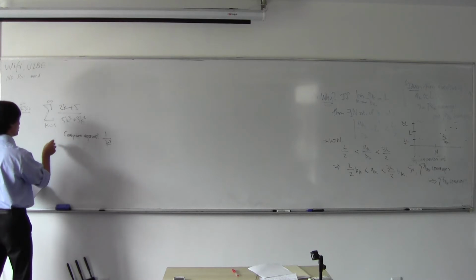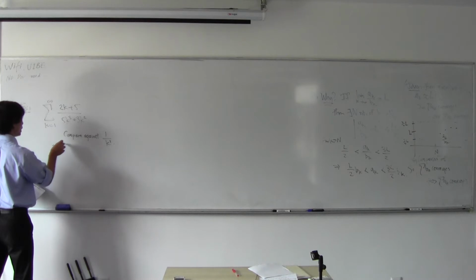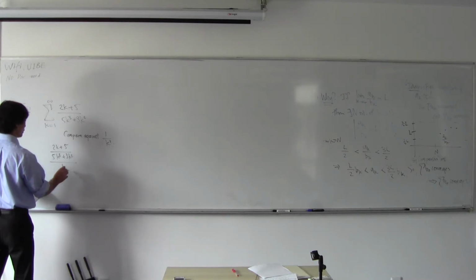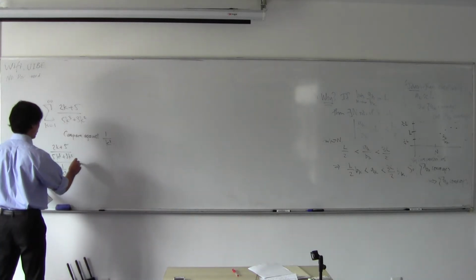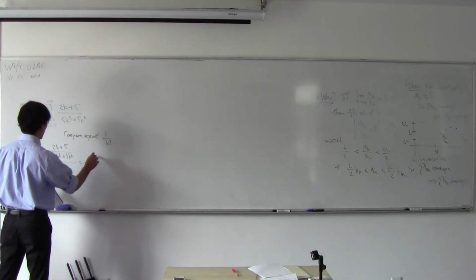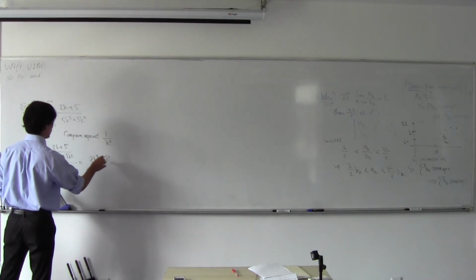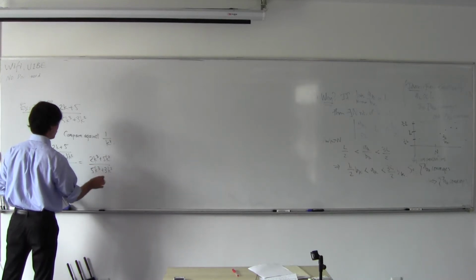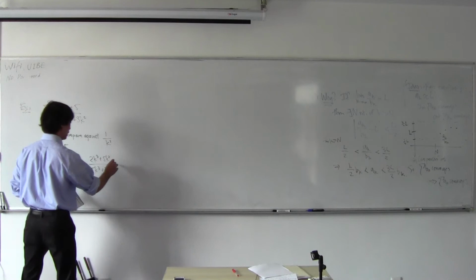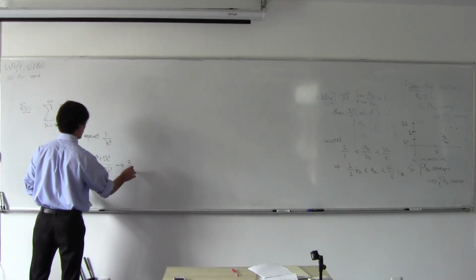You say, okay, let's look at 2k plus 5 over 5k cubed plus 3k squared, over 1 over k squared. That is 2k cubed plus 5k squared over 5k cubed plus 3k squared, and that converges to 2 over 5.